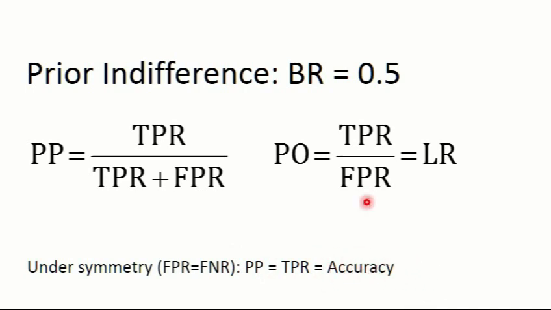In odds form, we say the prior indifference implies that posterior odds equals the likelihood ratio, since the prior odds are equal to 1.